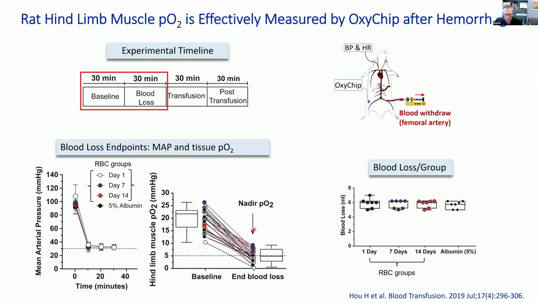I don't want to make this assumption, but for most species such as rats and mice, it's been worked out over the last several years that approximately 14 days is the maximum that you can store a mouse or a rat red cell to approximate or translate to the human equivalent of 42 days storage. So that's the basis for looking at this range.